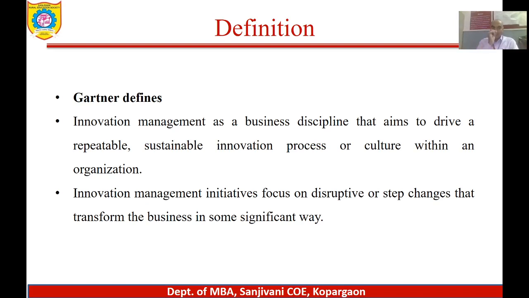So, when he defined the term innovation management, he rightly pointed out that every business discipline aims to drive repeated processes that will help them have innovation in the processes, which will help the sustainable growth of the organization.